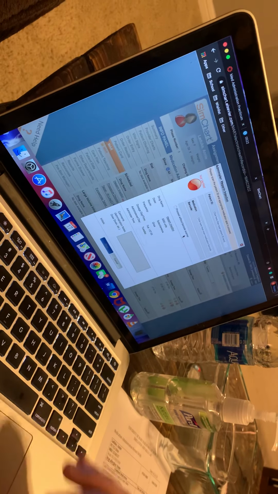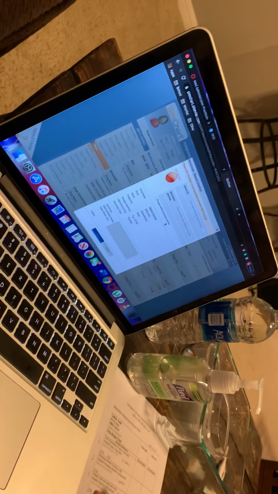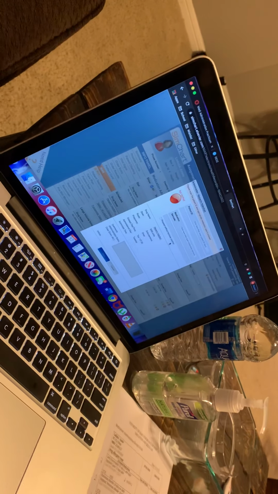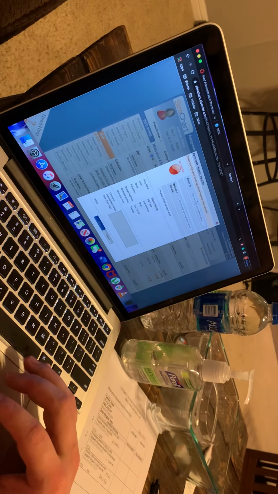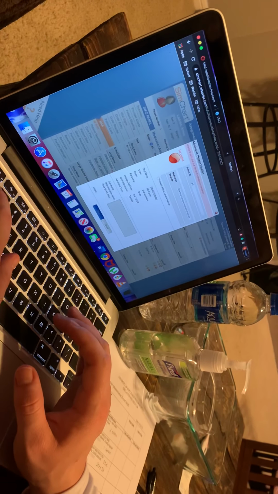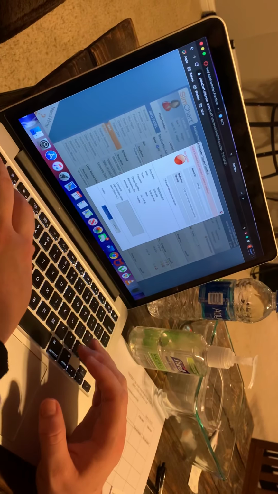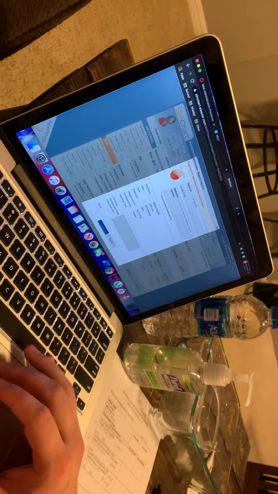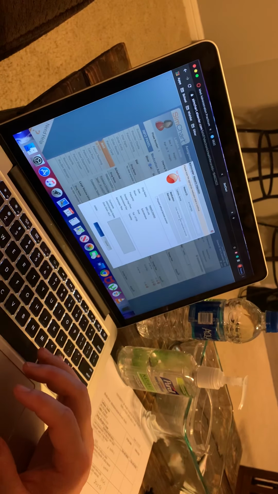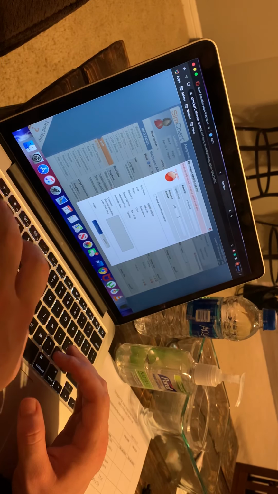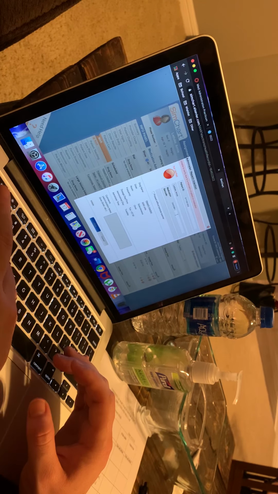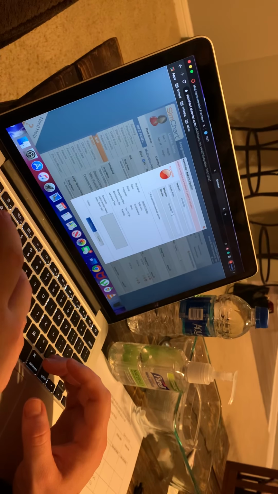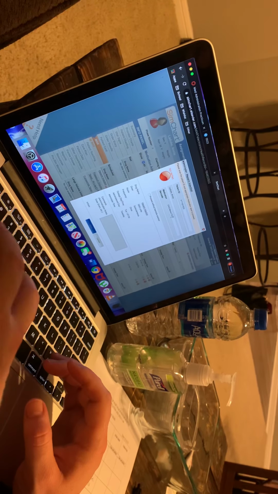So pull that up, and I'm going to correspond the patient's scan number with the scan number on the actual medication itself. Here we got the green verified mark.